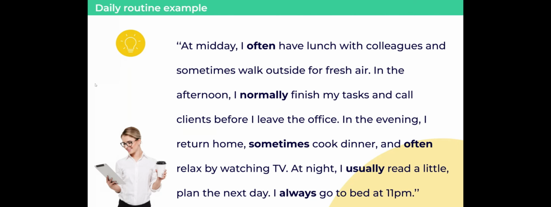At midday, I often have lunch with colleagues and sometimes walk outside for fresh air. In the afternoon, I normally finish my tasks and call clients before I leave the office. In the evening, I return home, sometimes cook dinner and often relax by watching TV. At night, I usually read a little, plan the next day. I always go to bed at 11 p.m.